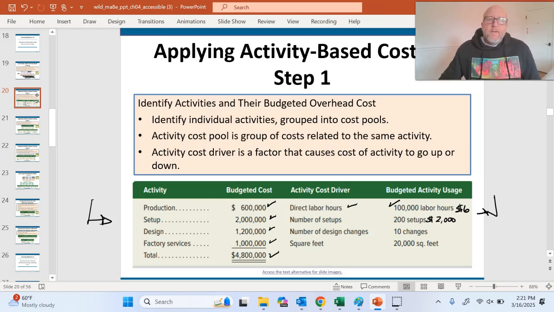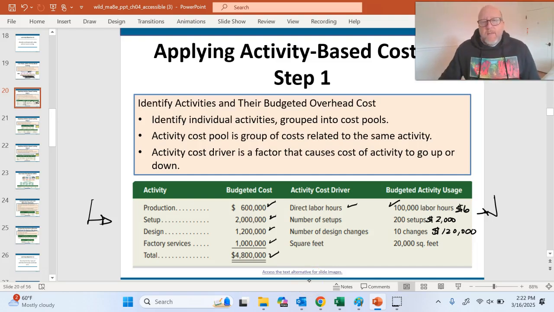And then design, we've got 1,200,000 in overhead, and we're going to allocate it based on the number of design changes. And if there are 10 design changes, then are we saying that each design change we are going to allocate 120,000 in overhead? And then finally, factory services, we're going to allocate that based on square feet.